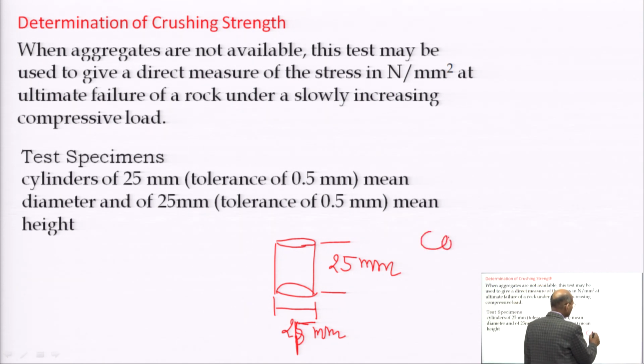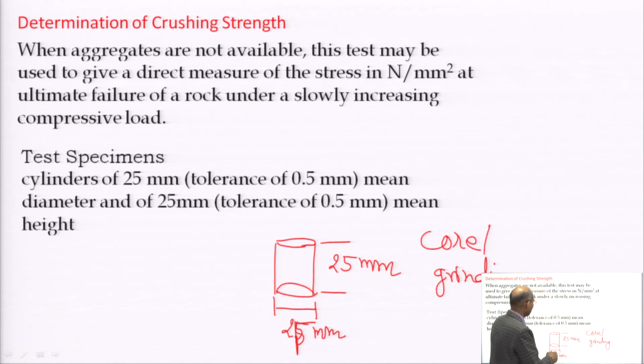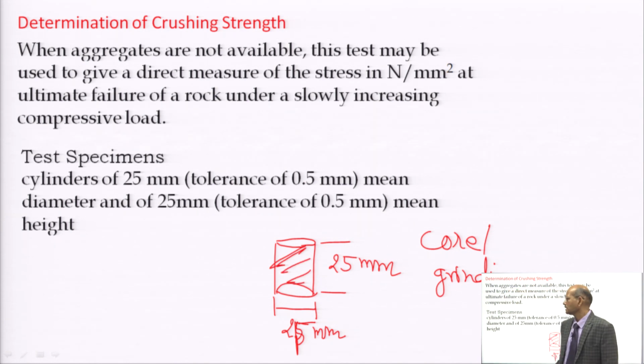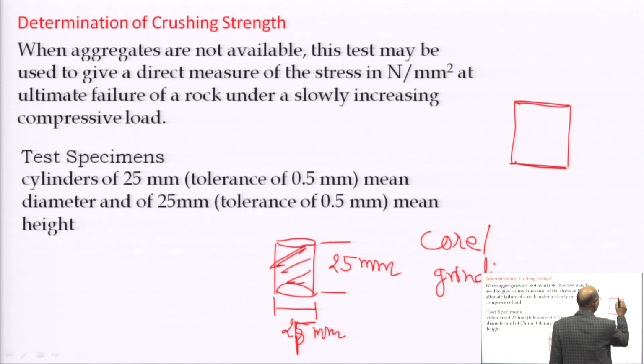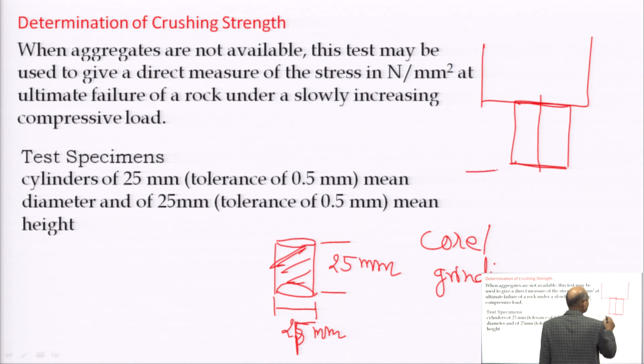So, either you can core it or by grinding you can get this type of specimen, and then we have to put this specimen in the compression testing machine. The surface must be leveled, so undulation should not be there, and you have to keep it in vertical position, put it under the compression testing machine and apply the load from here.